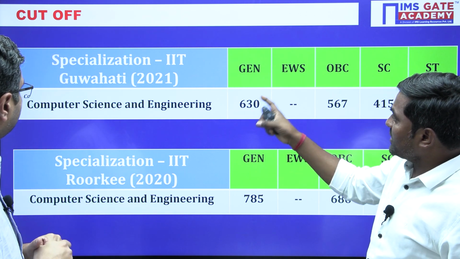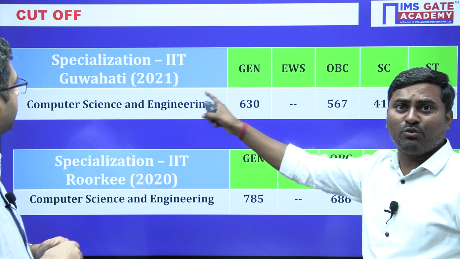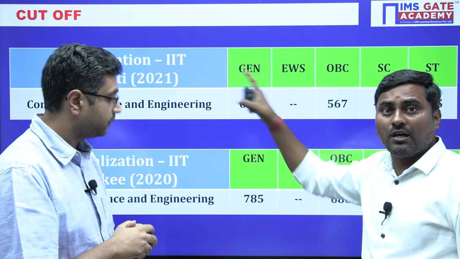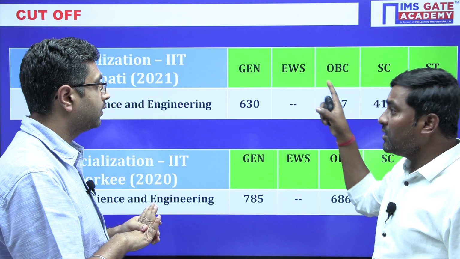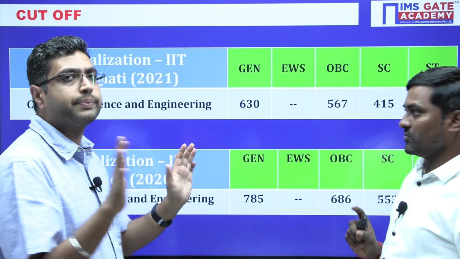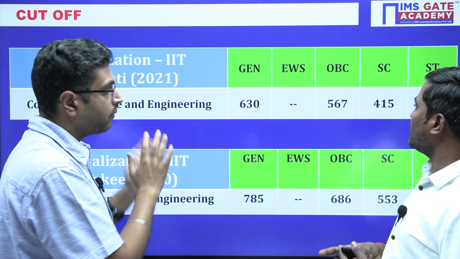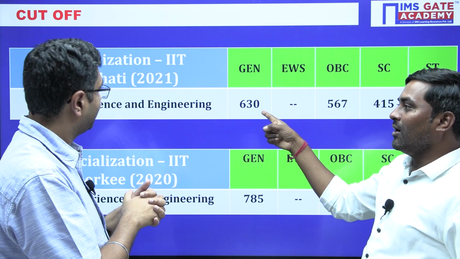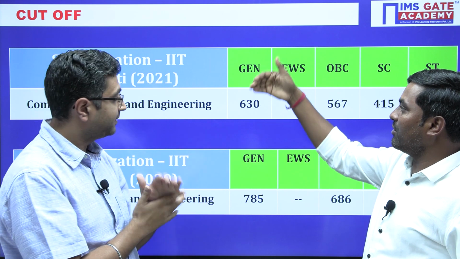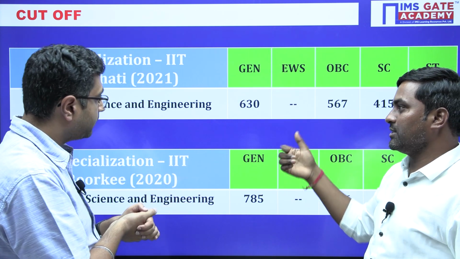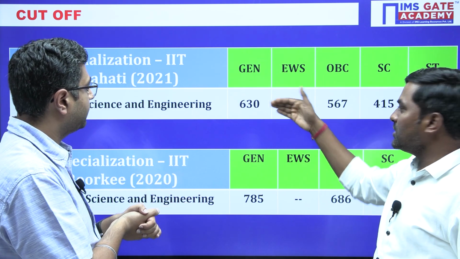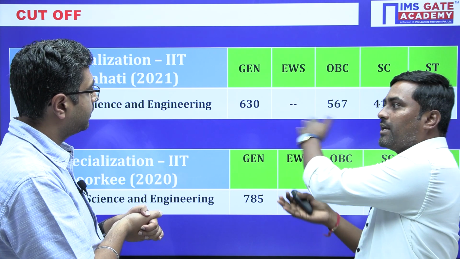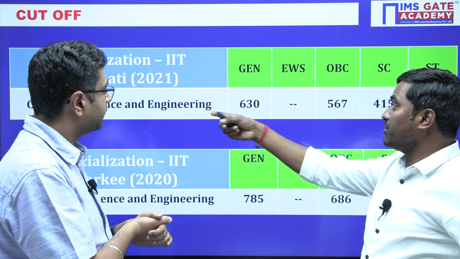For IIT Guwahati also we could not find the 2022 cutoff data, so we have taken the 2021 data, which is authentic, from the departmental websites or the institute's website. The general cutoff was 630, OBC 567. Kanpur was 750, 730. Students, with a low GATE score also there can be direct admission into MTech Computer Science here.